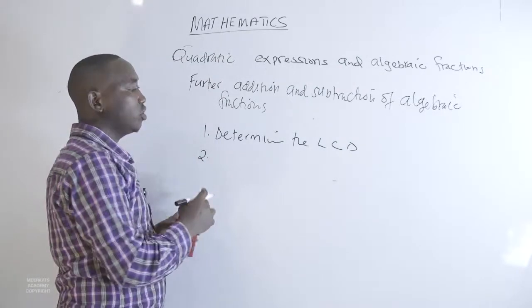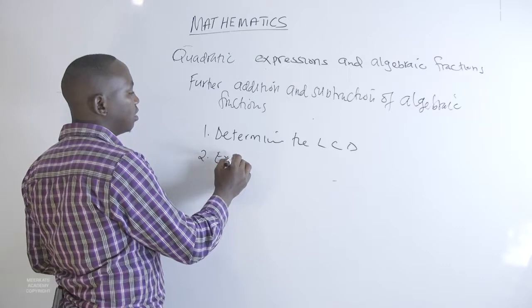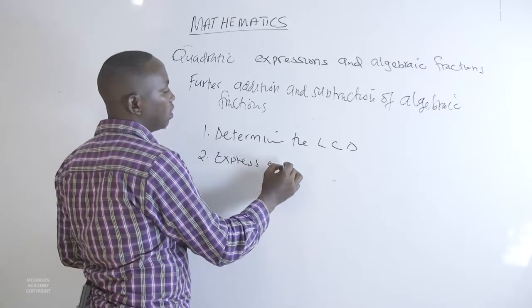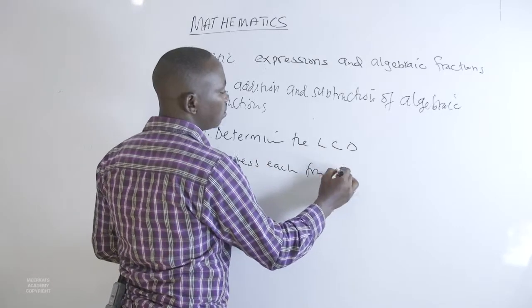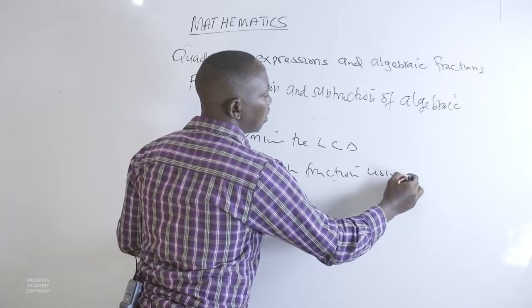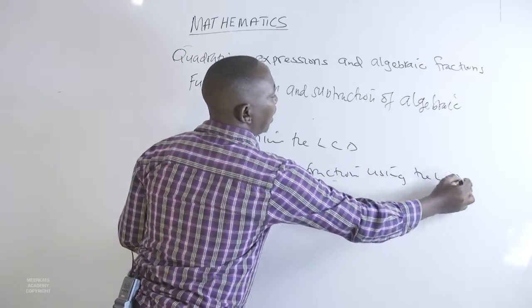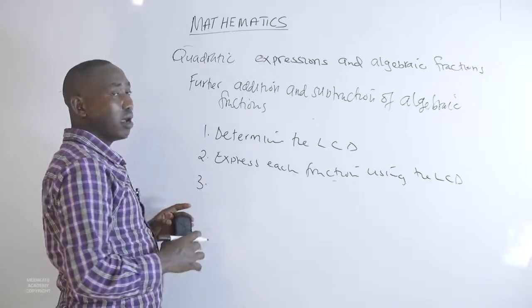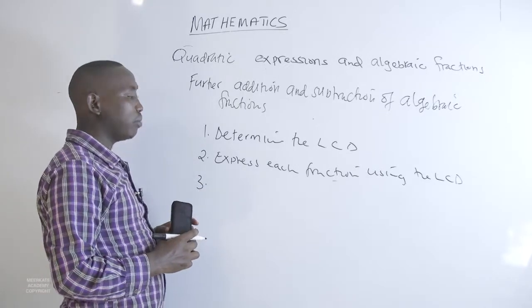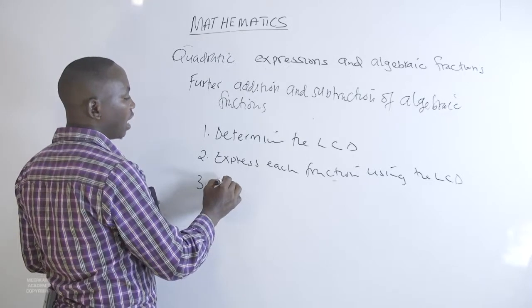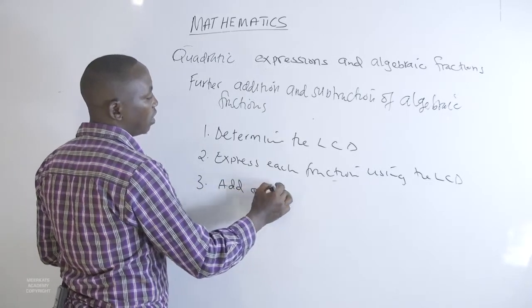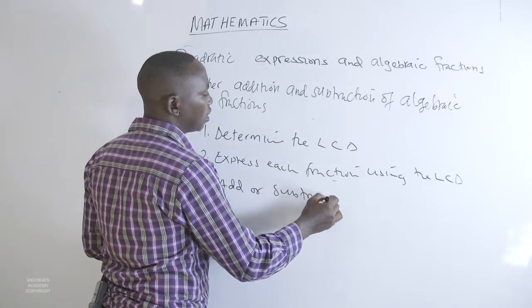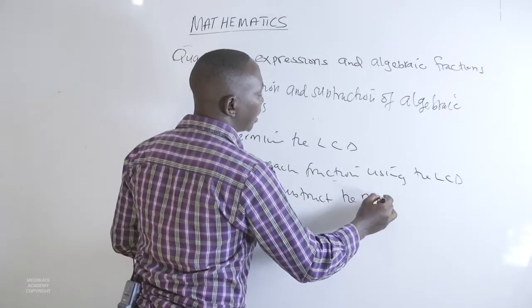Step number 2, we express each fraction using the LCD that you have come up with. Then the third and last step is to either add or subtract the numerators.